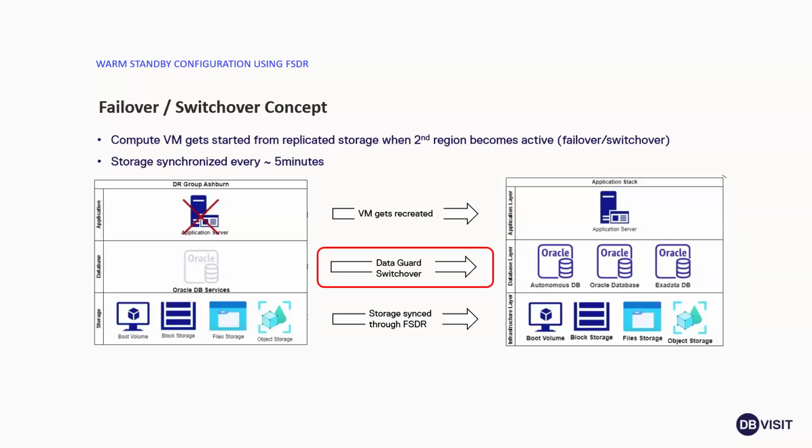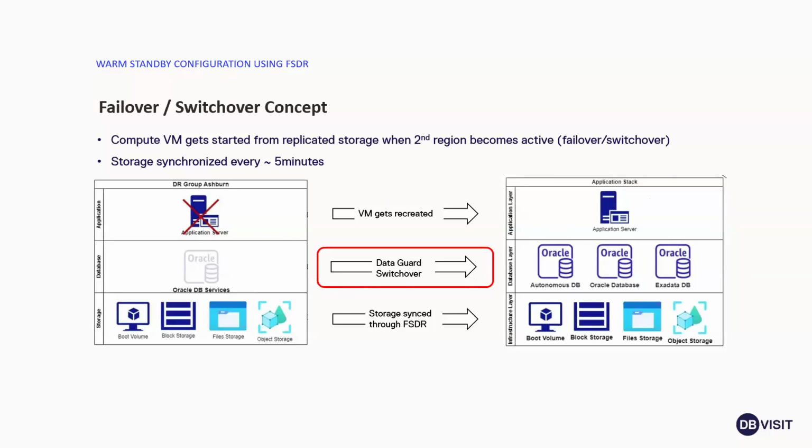So now let's look at the failover and switchover concept when it comes to FSDR. The switchover operations in FSDR with an application stack are very simple. For example, here my production is in Ashburn, and my standby is in, let's say, the Phoenix region. Your standby database is already being created using Data Guard.